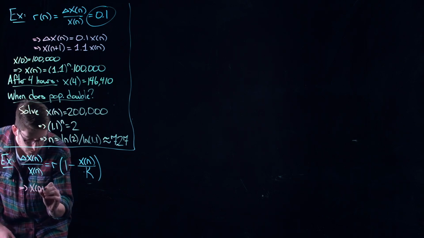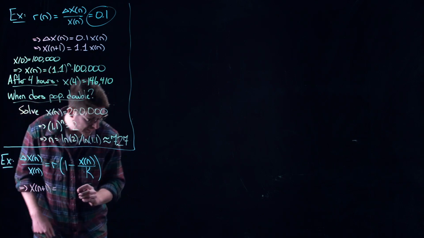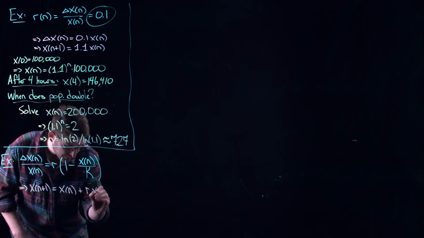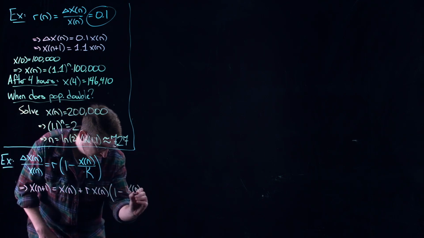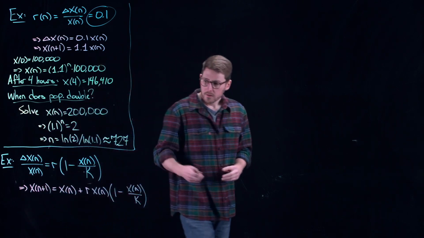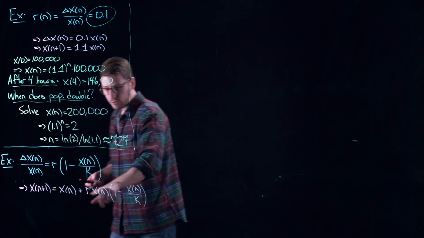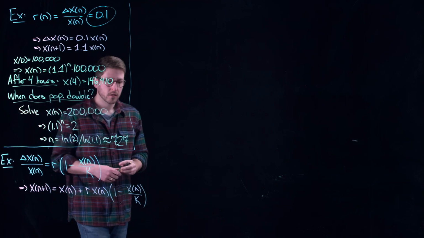So for example, this model will look like this. We get x of n plus r x of n times 1 minus x of n over K. So now we've got a quadratic function, right? This is quadratic in the nonlinearity, or in the yeast population x.